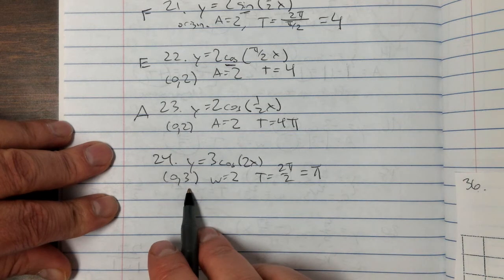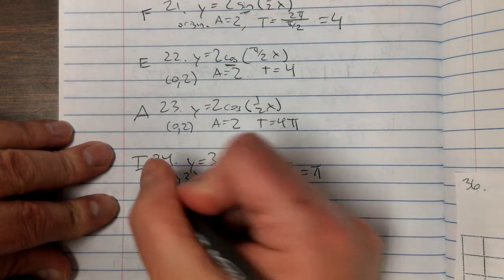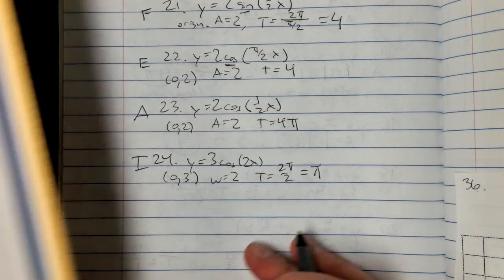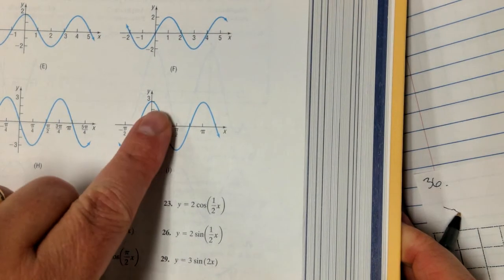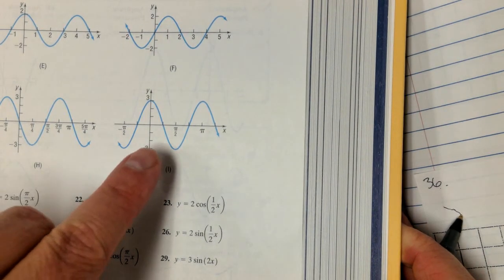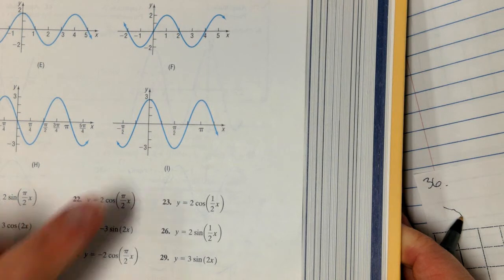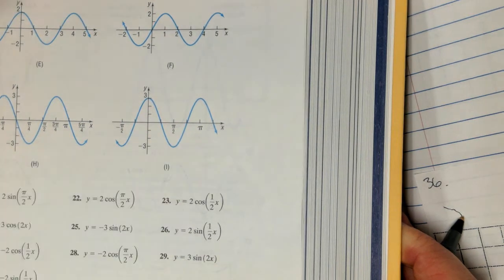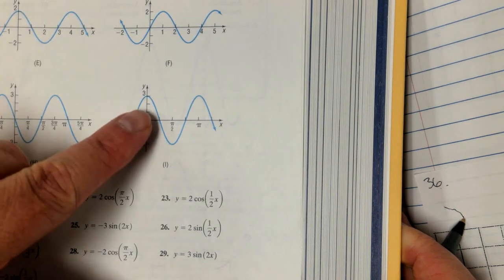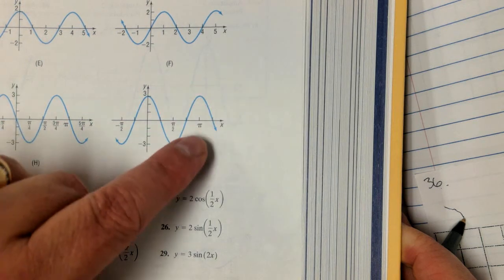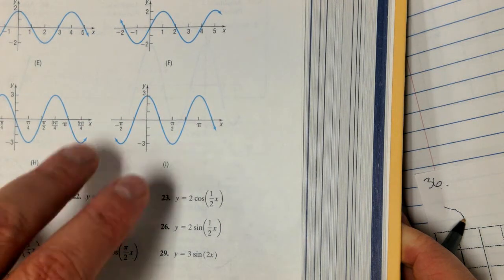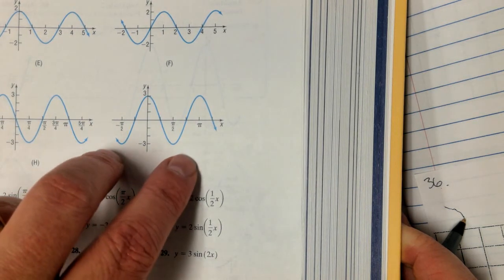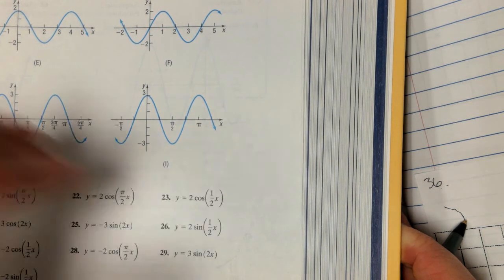So that choice is going to be I. It goes up to 3, and that's the graph. So our period from the high point to the high point, you could think is pi, or if you want to think from the low point to the low point, is negative pi halves to pi halves, which means it's pi.